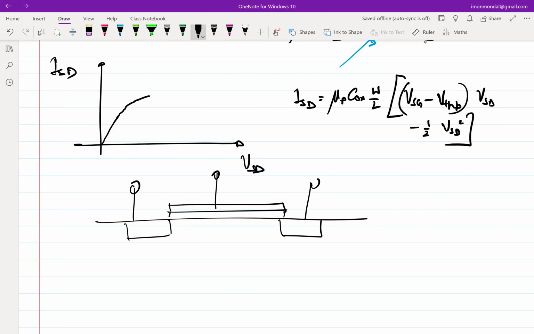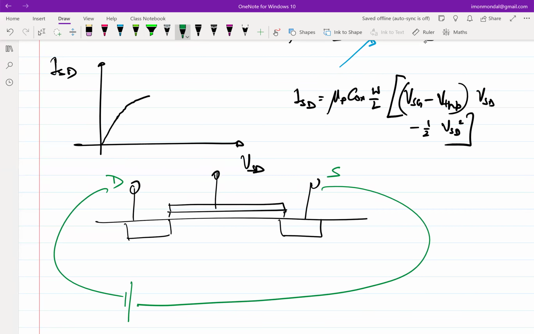So initially the channel charge was flat. Then I am applying a battery between the source and the drain. So the channel charge has become slightly trapezoidal, right? So this is H plus. These are all mobile charges I'm drawing. I'm not sketching the fixed charges underneath.